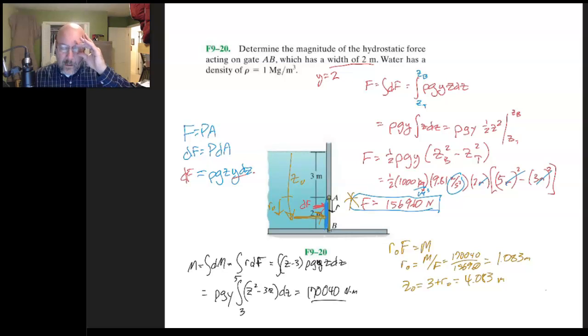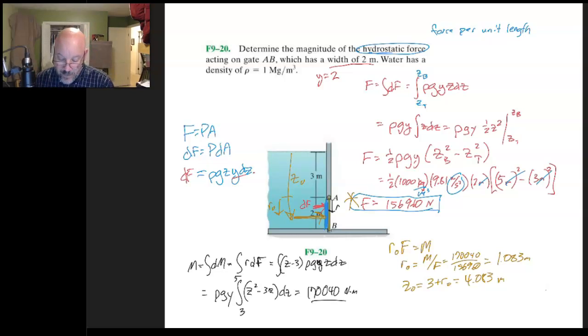Now one more thing before we leave this particular example. Again, this is a thing that's not in the example, but you are going to run into a situation where, instead of just a hydrostatic force, they may ask for something like a force per unit length or width or something like that.